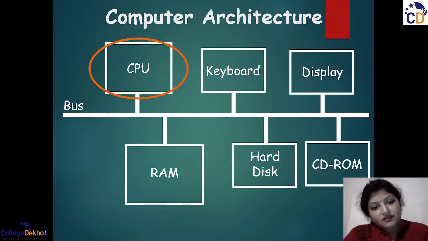Bus is a connective device which connects all the hardware and all the input devices with each other, right? And then we have understood the CPU. What is a CPU? CPU has 3 main units. What are those? Control unit, arithmetic and logical unit, which uses registers, then control unit.